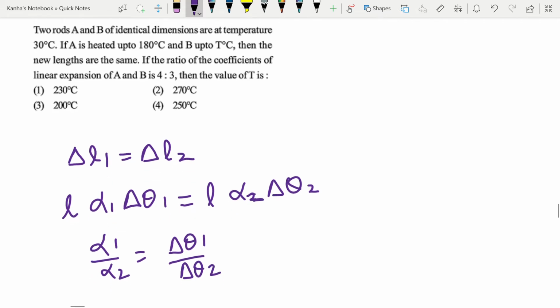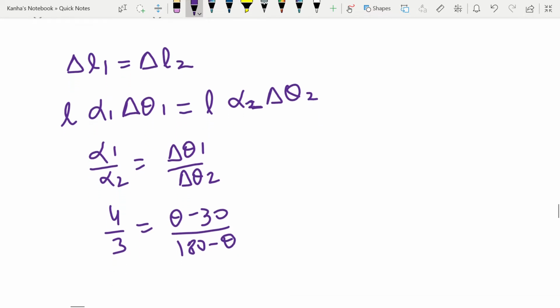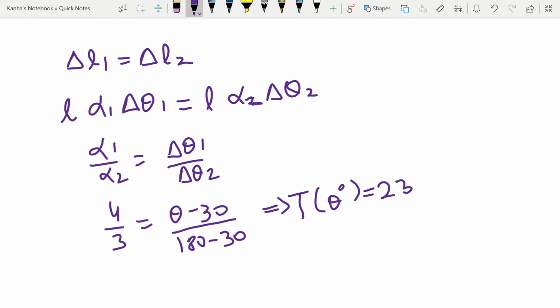Because alpha 1 by alpha 2 is given by 4/3 in the question, I can write 4/3 is equal to (T minus 30) by (180 minus 30), which gives me that the temperature T is nothing but 230 degrees Celsius.